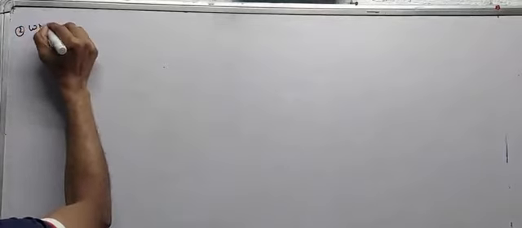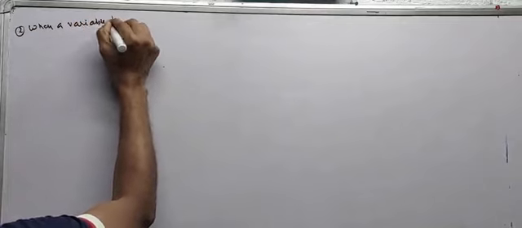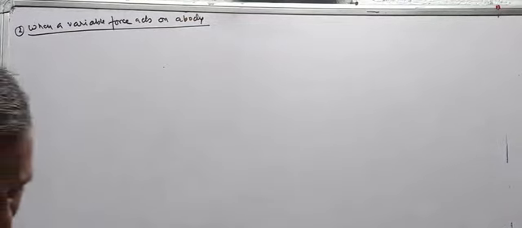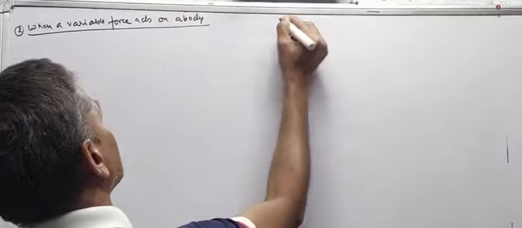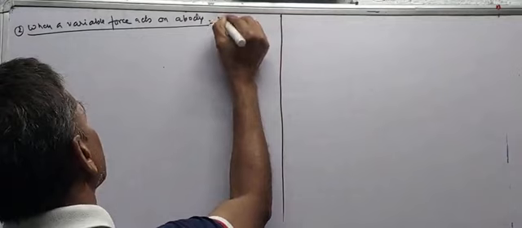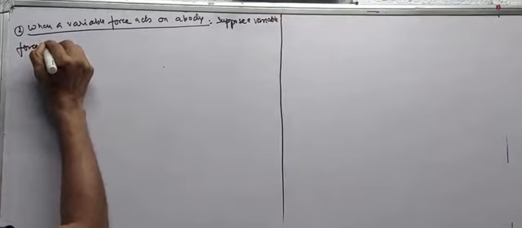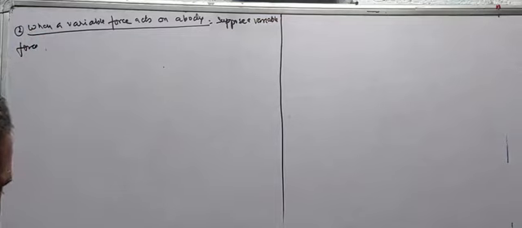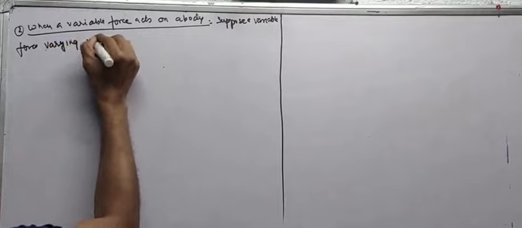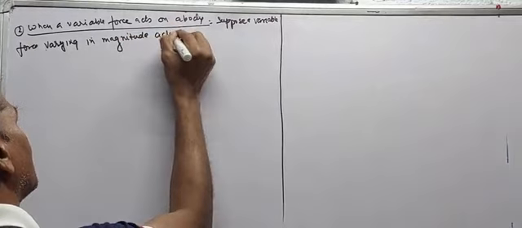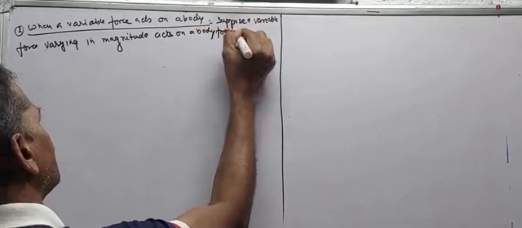Second condition, when a variable force acts on a body. Suppose a force varying in magnitude acts on a body from time T1 to T2.